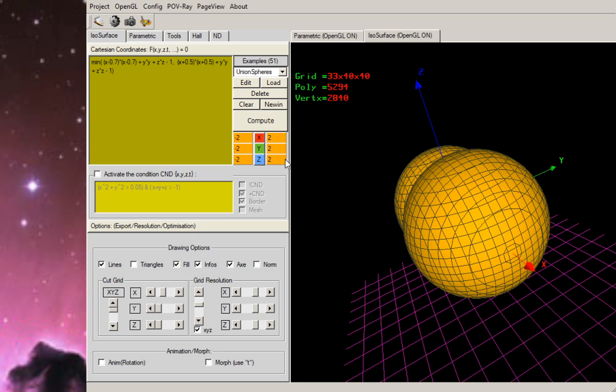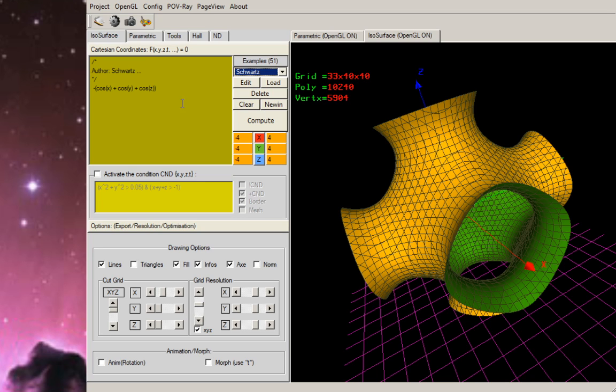Iris. Chain. Swords. I think these are comments.